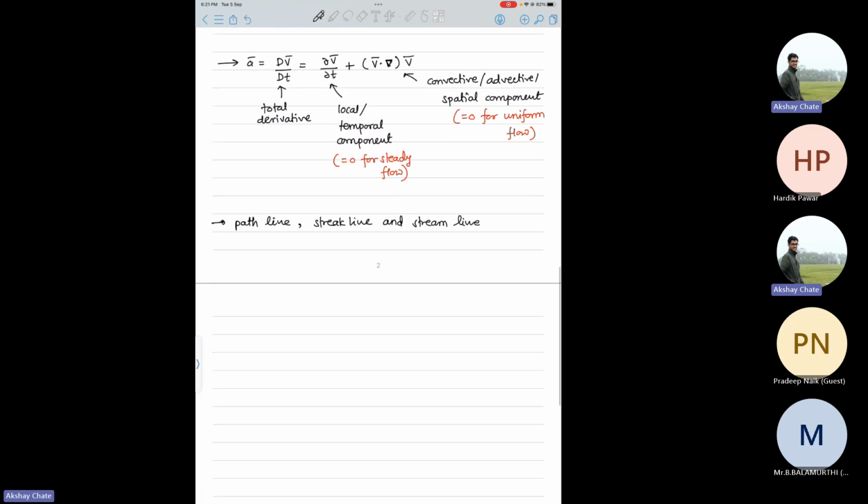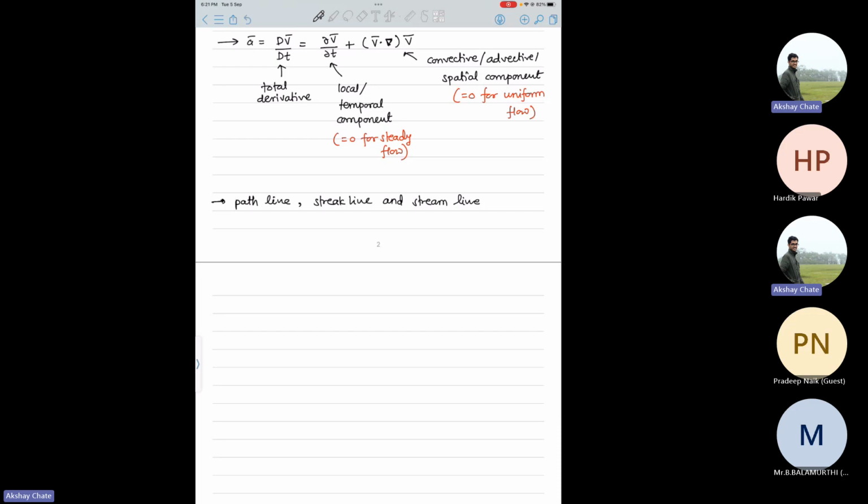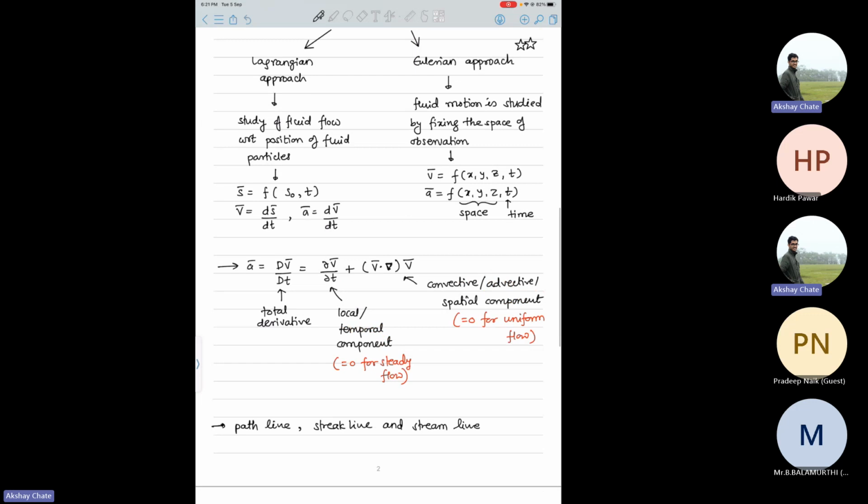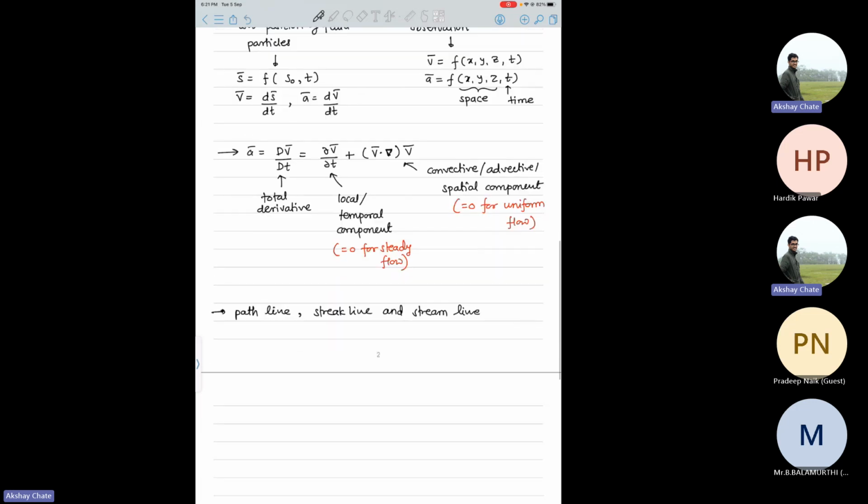As the name suggests, path line is the curve that is developed by tracing the path of a single fluid particle at different time intervals. So it is basically what you do in the Lagrangian approach, because in the Lagrangian approach you follow the particle and trace its path, and that is how path line is defined.